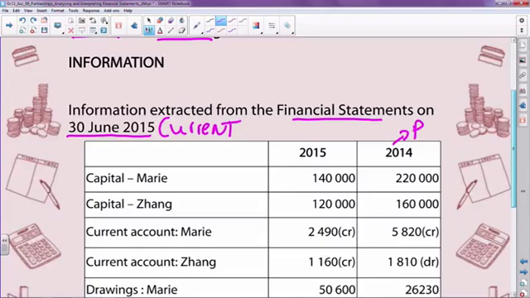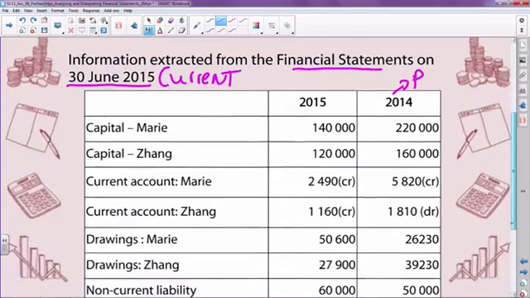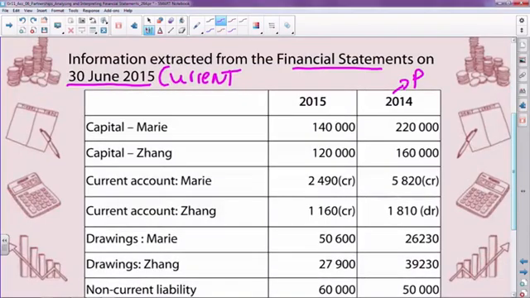So our information that we have in front of us, we've got capital contributed by both partners for both the current year and the previous year. Then we've got the current account balances, again for both partners, partner Murray and Zhang, for the current year and the previous year. Bear in mind, Zhang has a debit balance in 2014.